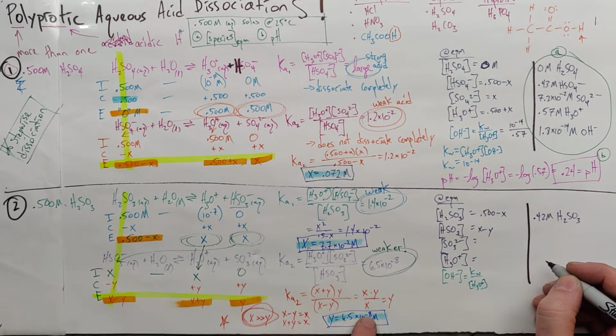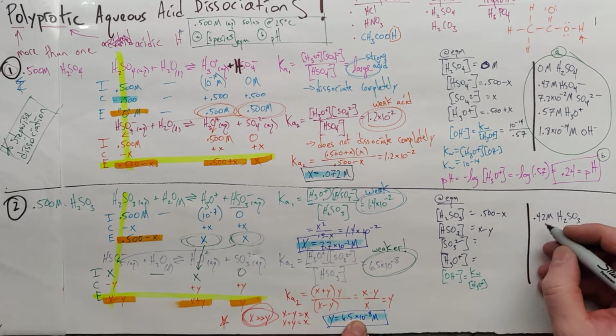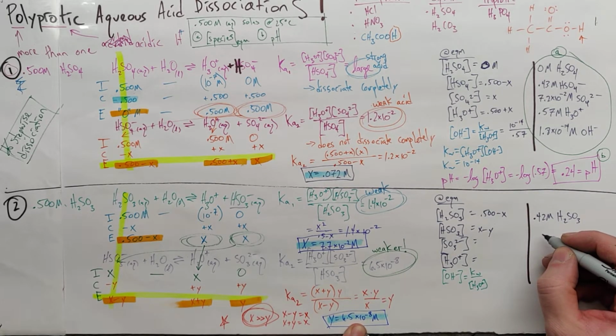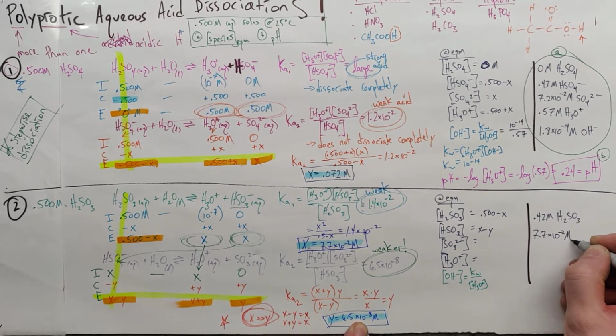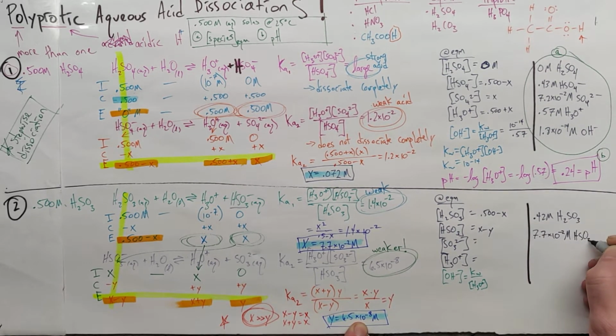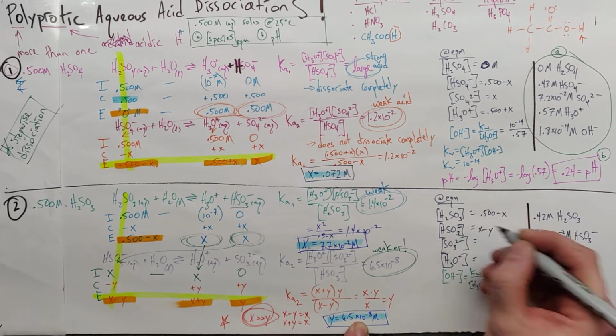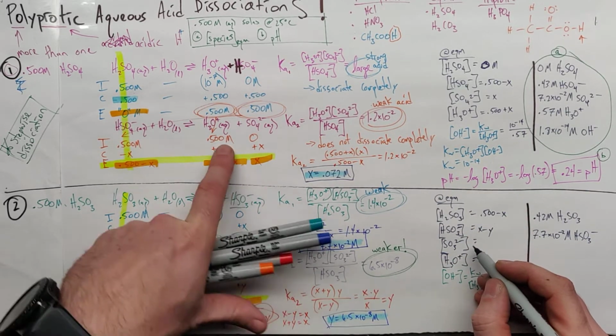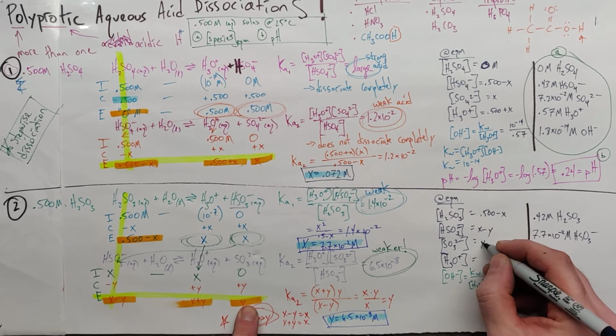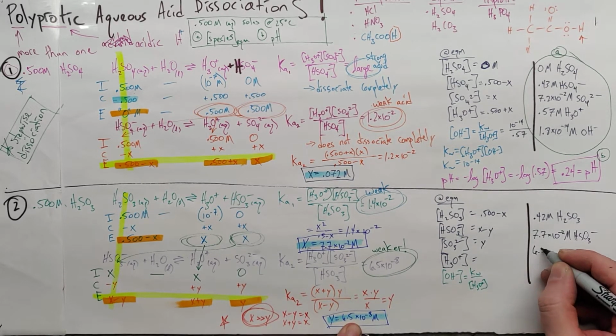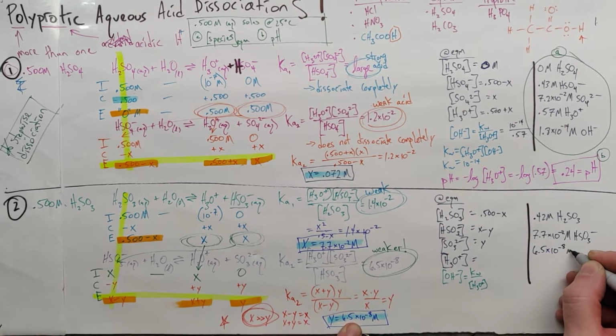In fact, we can see it right there, 10 to the minus 8th versus 10 to the minus 2. So we should just end up with x, which was 7.7 times 10 to the minus 2. Ooh, I committed a great sin there. I forgot my minus sign. SO3 2 minus is supposed to be y, and y is 6.5 times 10 to the minus 8th.